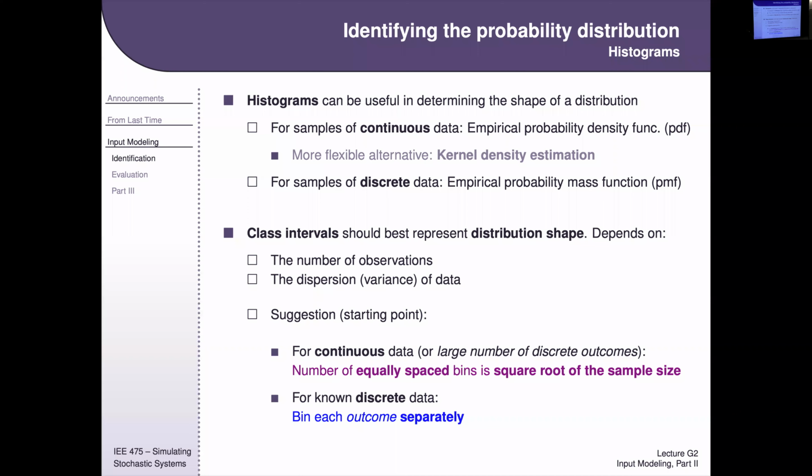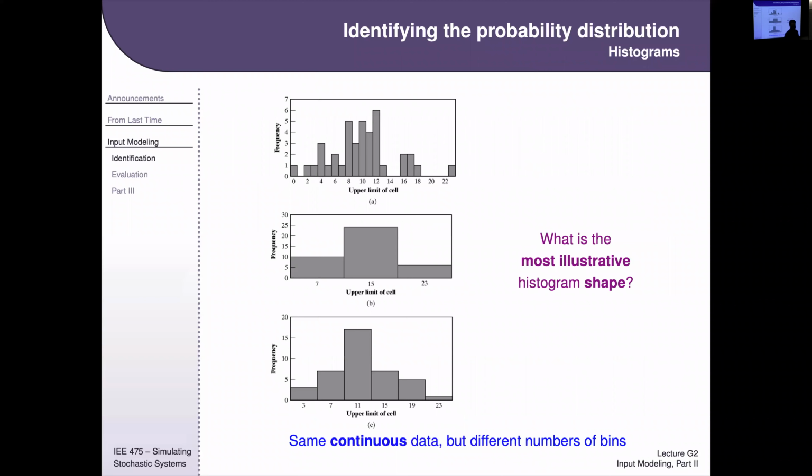You might be tempted to group them together, 0 through 2 in one bin, 3 through 5 in another. That's great for continuous, but it can really mess up the shape of the discrete. So with discrete, even if there's a very low number of outcomes, we usually bin each outcome separately. We'll see examples of that.